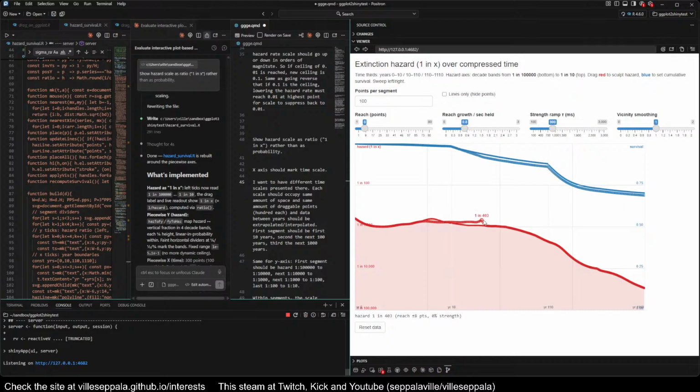It's this little curve here, right? And it's so easy to make that.